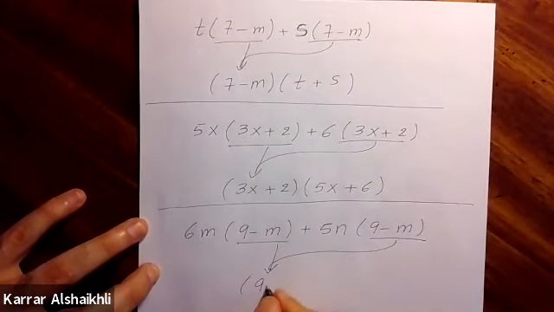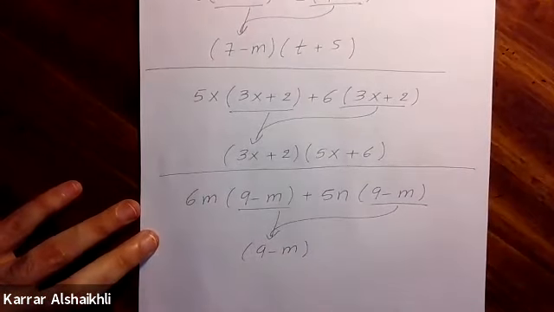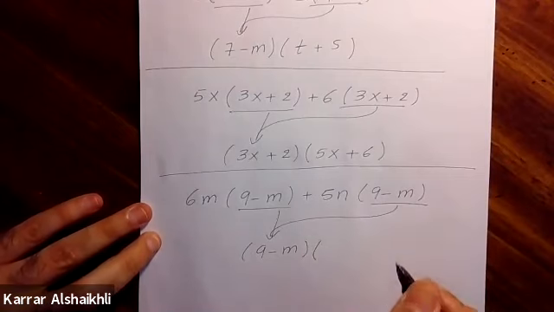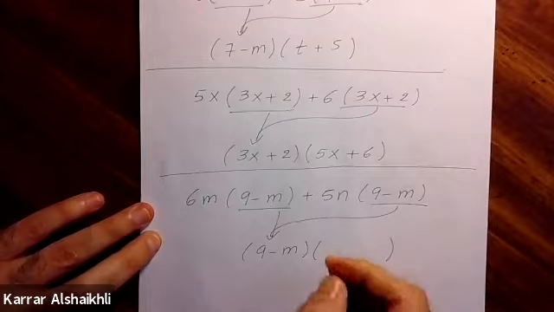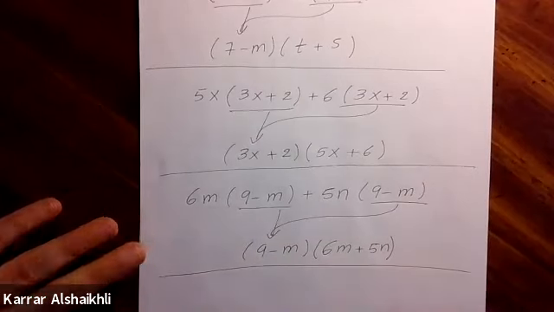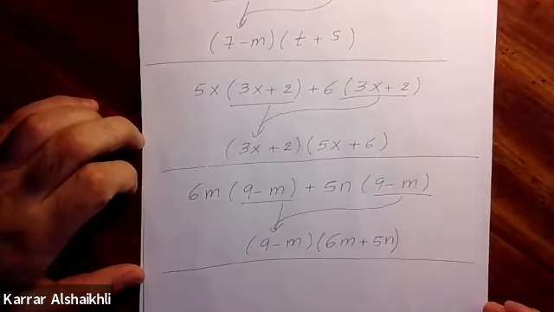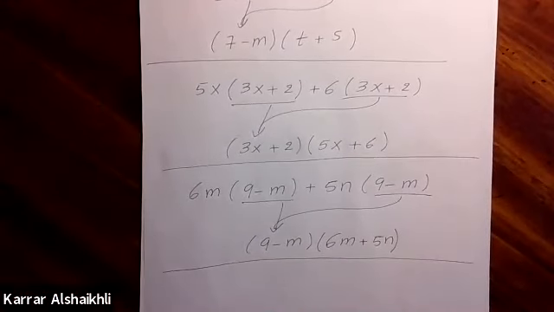So it's going to be 9 minus m. And open another parentheses. What's the leftover from this part is 6m plus 5n. That's it. So write down this example. Then we're going to move to the next part, step 2, when we have 4 terms.